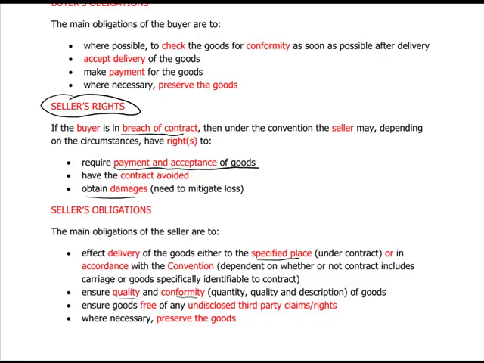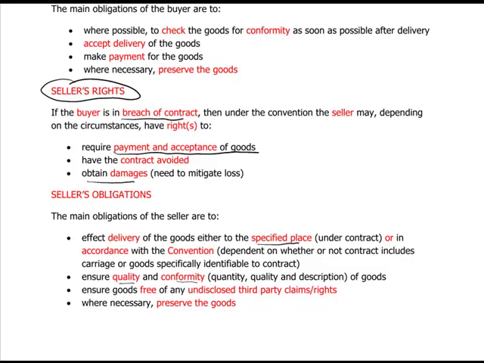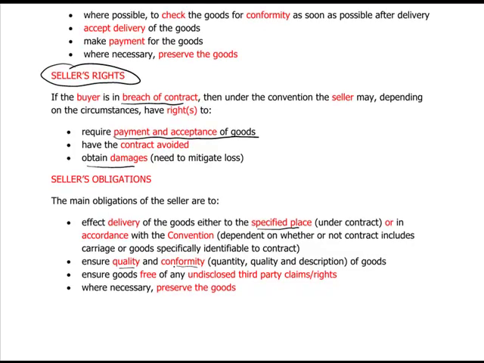In other words, if they've given a sample, then all the other goods must be of the same level and standard. They must ensure the goods are free of any other charges held by third parties, and again, when necessary, they must preserve the goods in a state that is expected of the agreement.